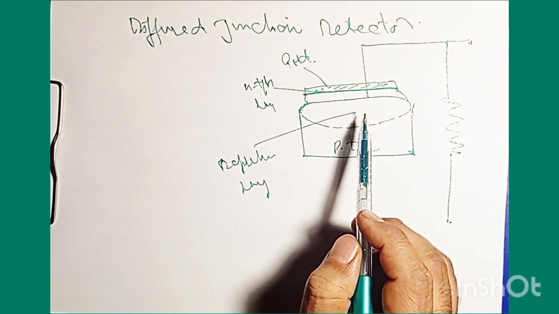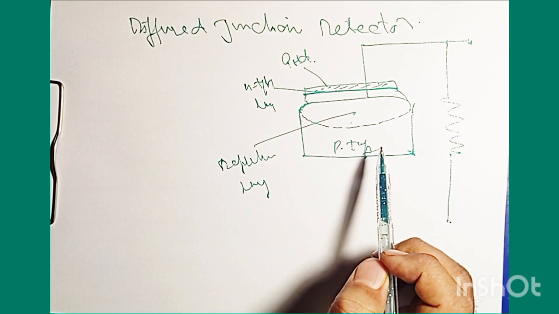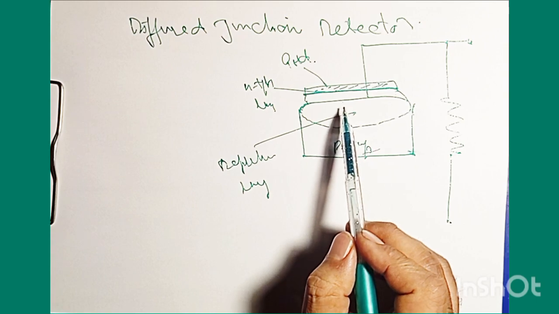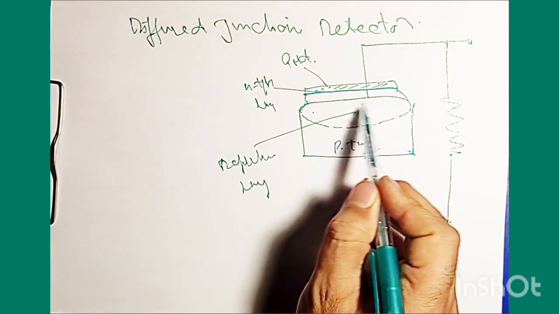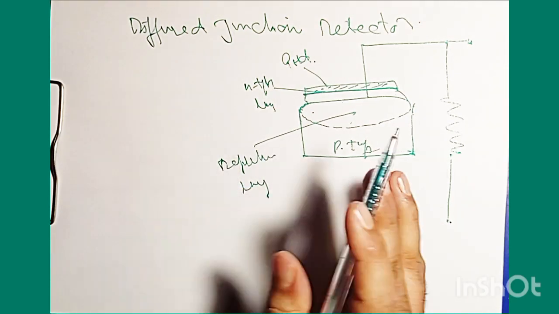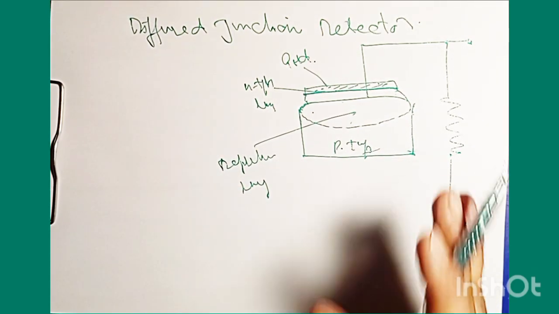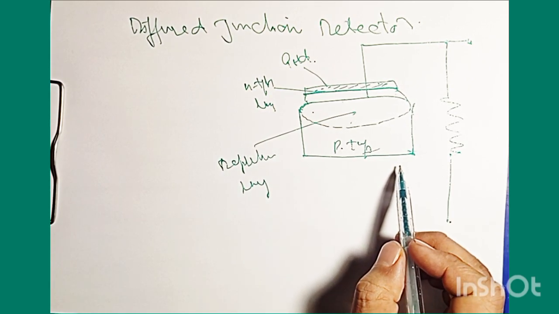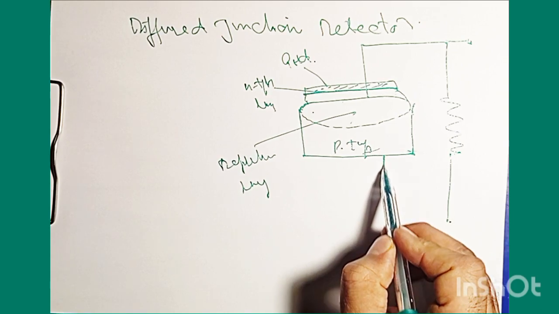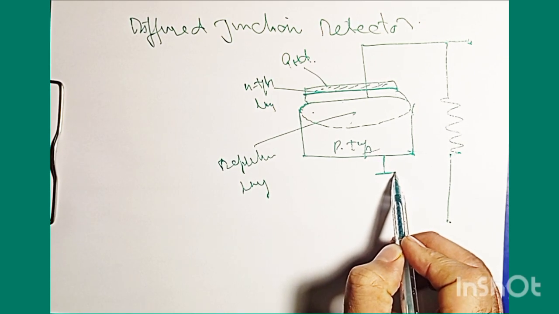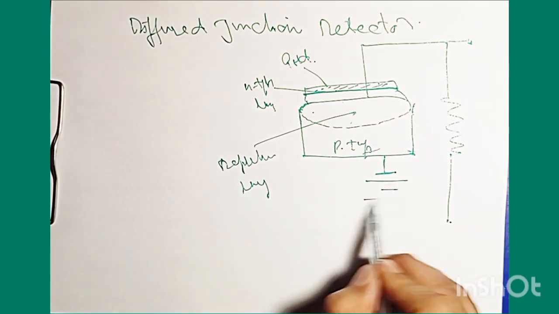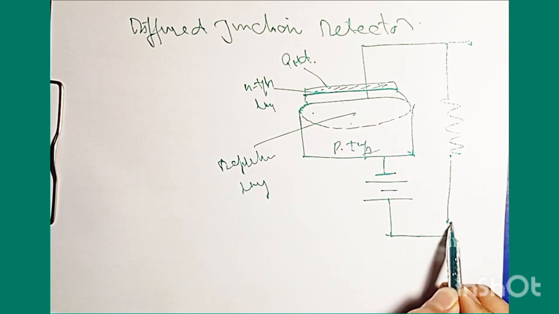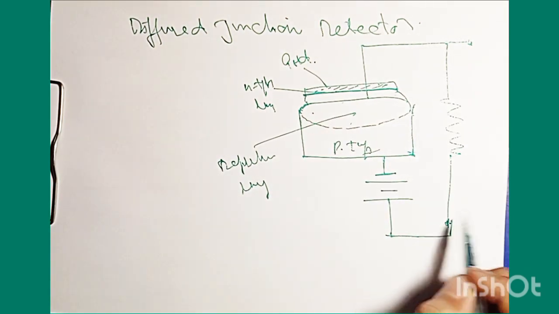Ordinarily the depletion layer contains almost no charge carriers, of either sign, either electrons or holes. So we have to make it reverse biased: negative is given to the p-type, and positive is given to the n-type.